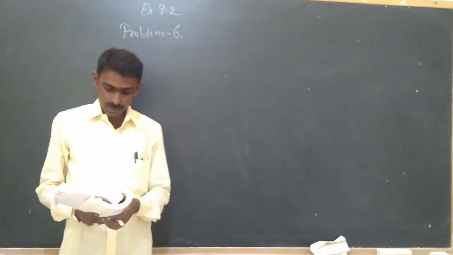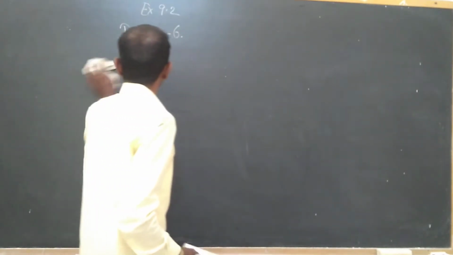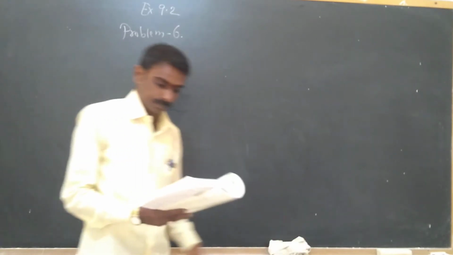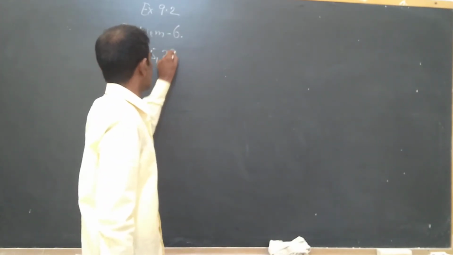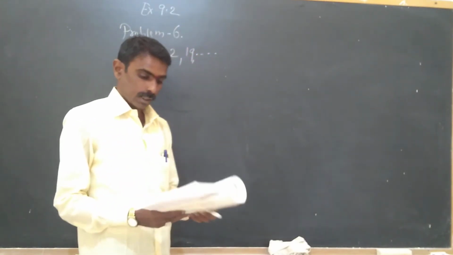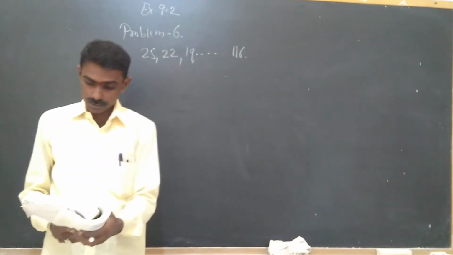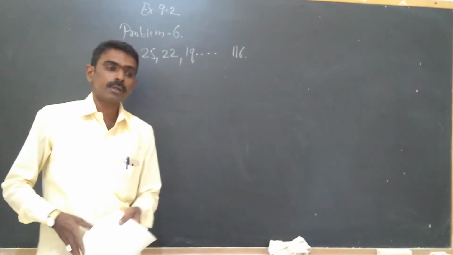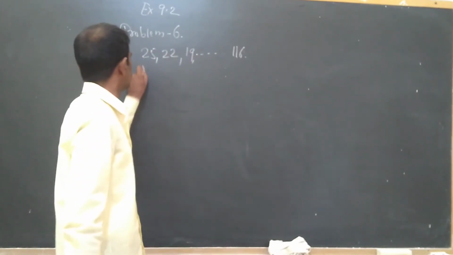The problem says: if the sum of certain terms of an AP, the AP that is given is 25, 22, 19 and so on, is 116, then we need to find the last term.